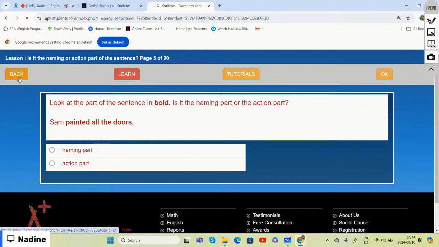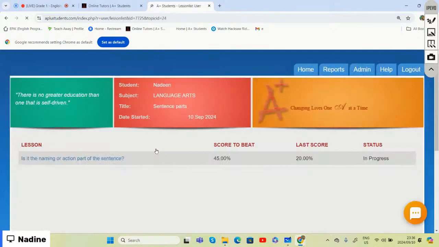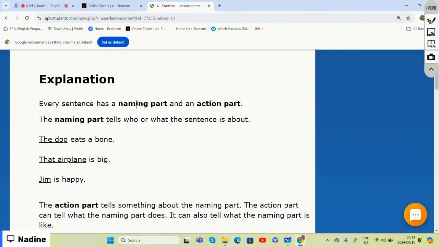All right. So we said that when it comes to sentence parts, we have a naming part and an action part. A naming part tells us who the sentence is about, or what the sentence is about.